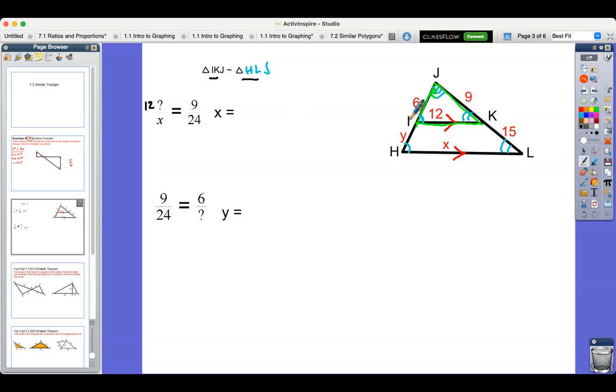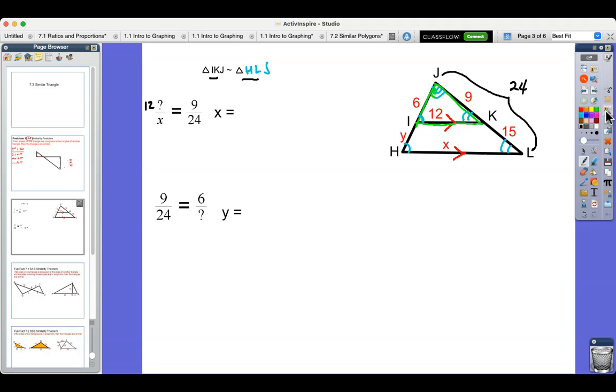What they're doing here is putting similar part over similar part equals similar part, JK over 24. But where's the 24, y'all? Remember, that's the sum of the whole thing, because JK is similar to JL, the whole thing. So we have to combine that. That's 24. Now that we have our proportions set and equal to each other, let's do our extremes and means.